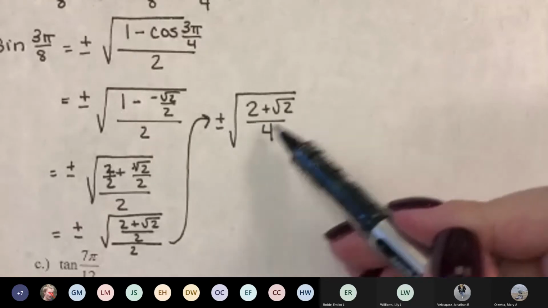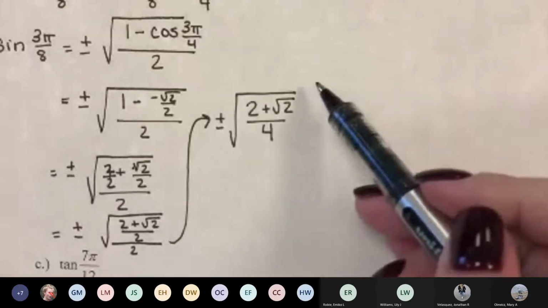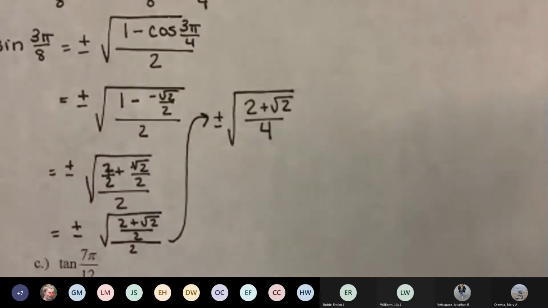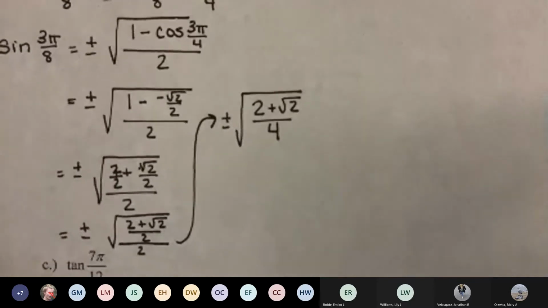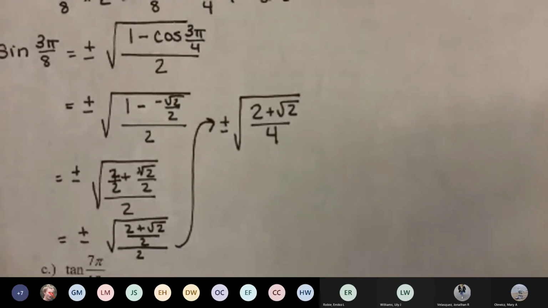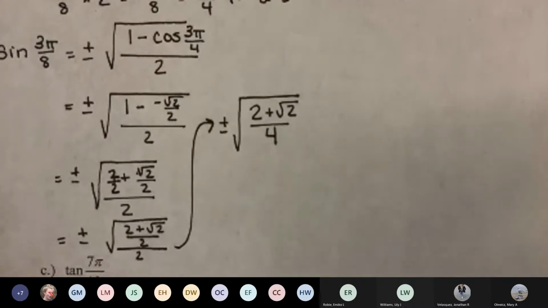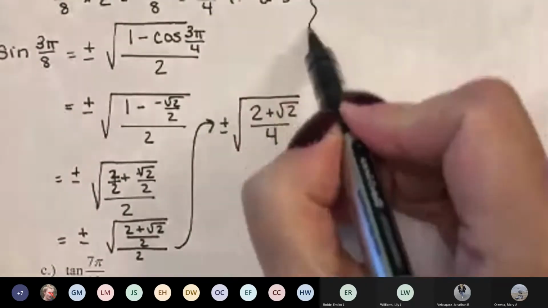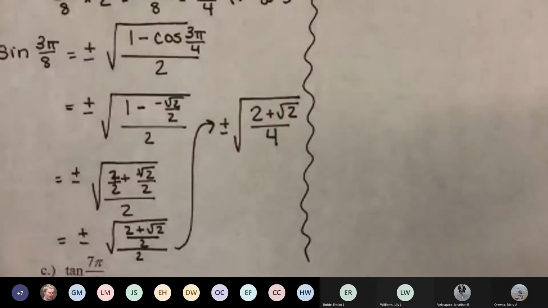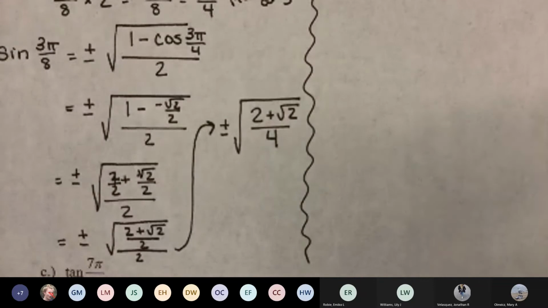That's 2 plus the square root of 2 divided by 4, all under another radical. So you got a radical with a radical. It's just, ugh. All right, how about questions? Anything at all that's puzzling about this? I'm going to do another one here in just a moment. And by the way, if we need to come back to example A after we do example B, you just got to let me know.